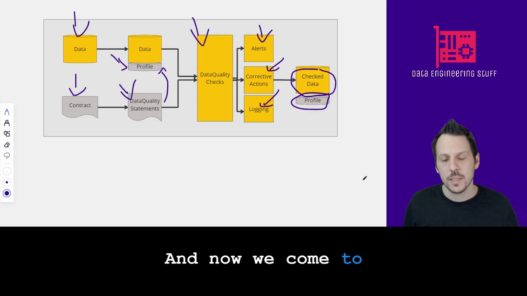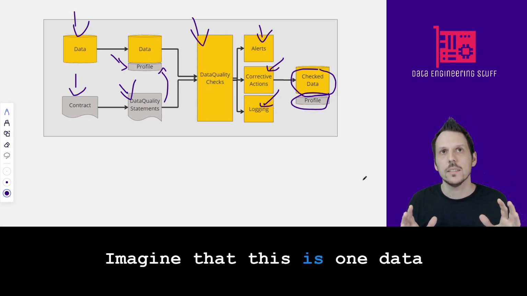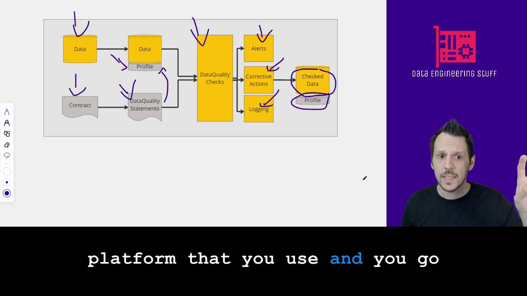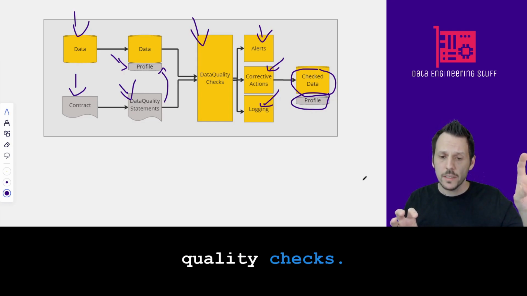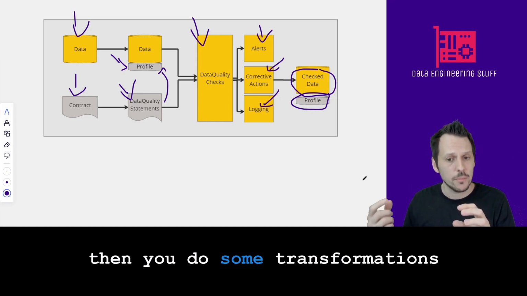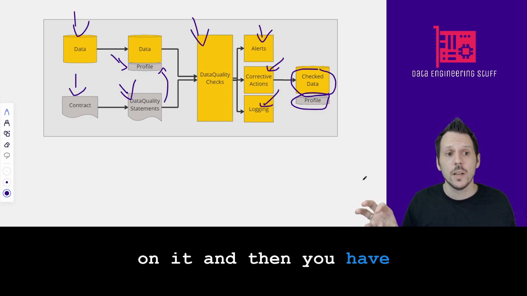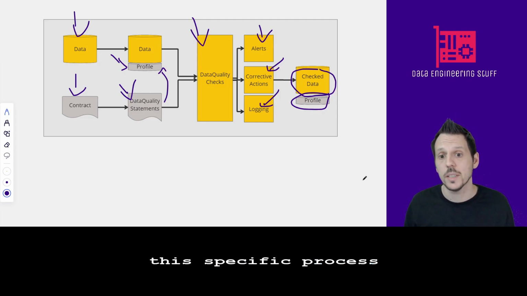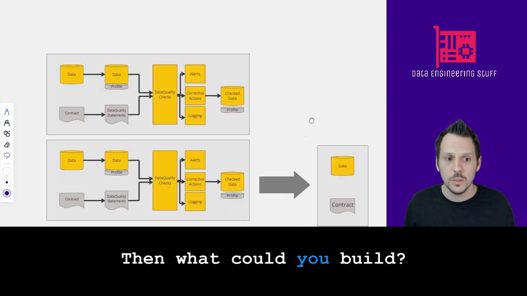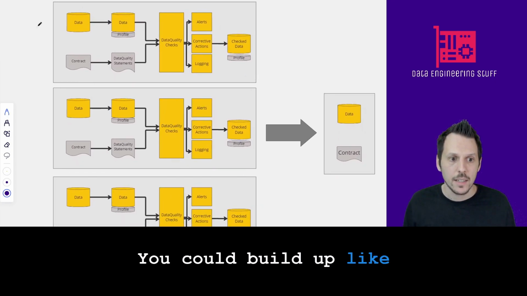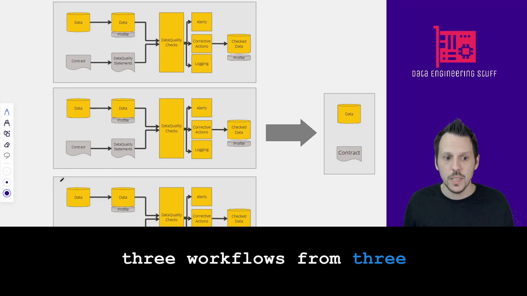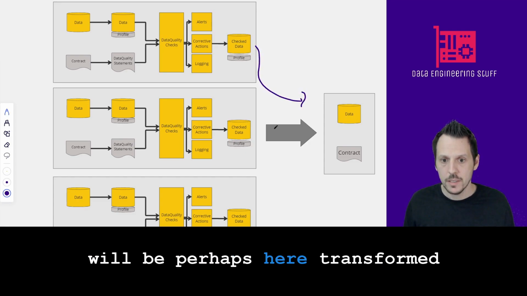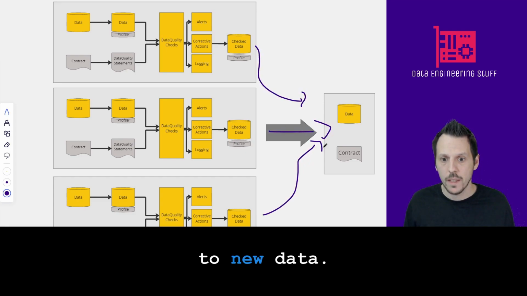And now we come to the next point. Imagine that this is one data source in your whole data platform that you use. And you go through all the data quality checks. At the end, you get the checked data. Then you do some transformations on it. And then you have the result of this specific process or workflow. Then what could you build? You could build up, like, 3 workflows from 3 different data sources, and they will be perhaps transformed to new data.